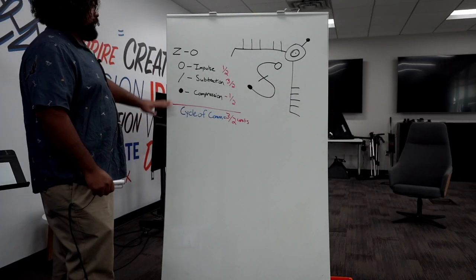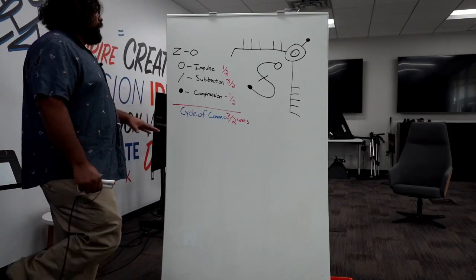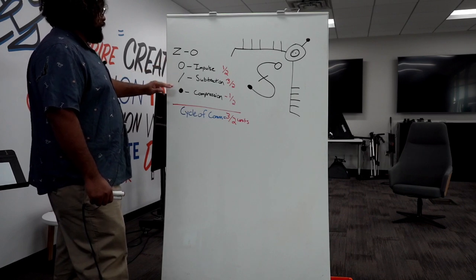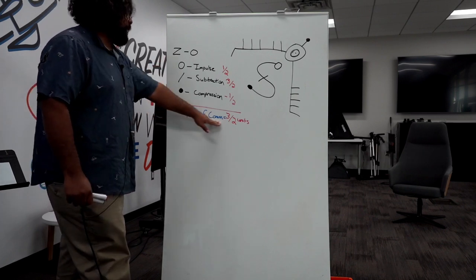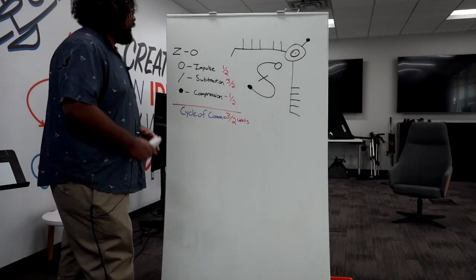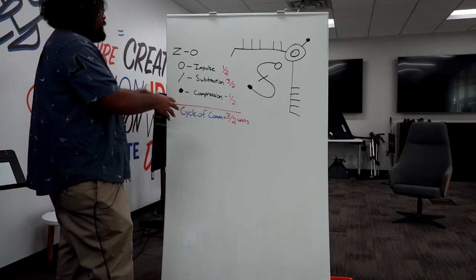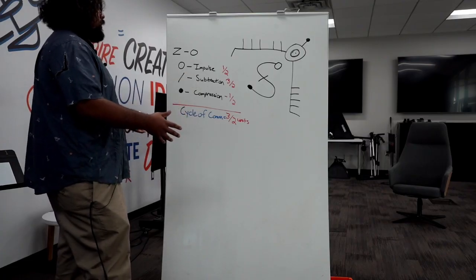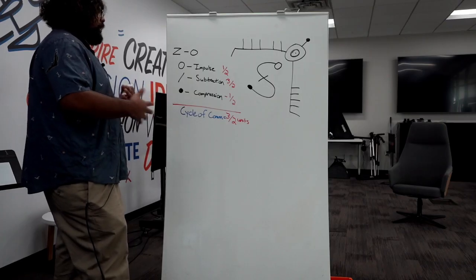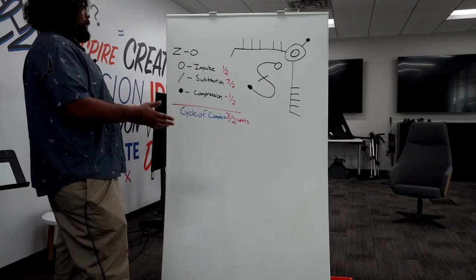This is essentially all that the C0 scale pertains to. It's just the components of impulse, which is impulse, subtraction, and compression, and that's what defines the cycle of communication, and that's what defines our unit. And that unit is what we're going to use to observe behavior. Once we see that a person is able to obtain and store information from their environment, from there we want to see what happens with that information.